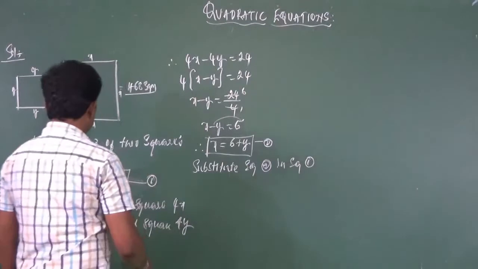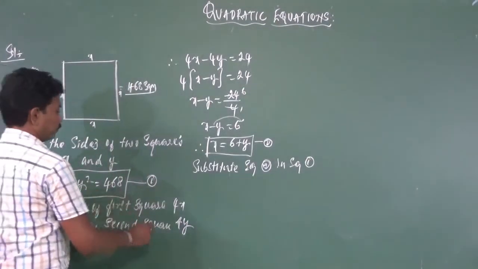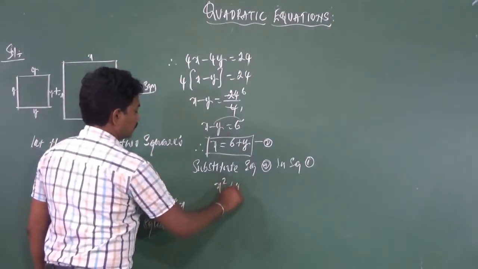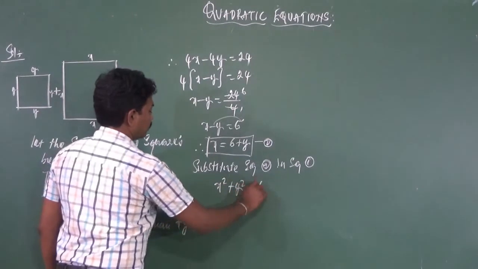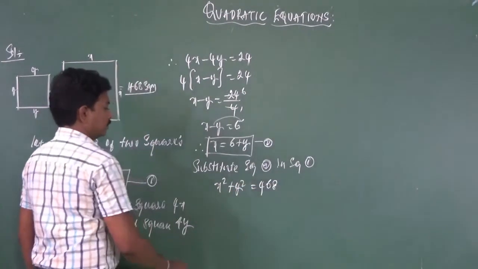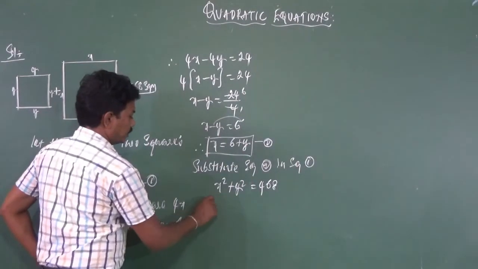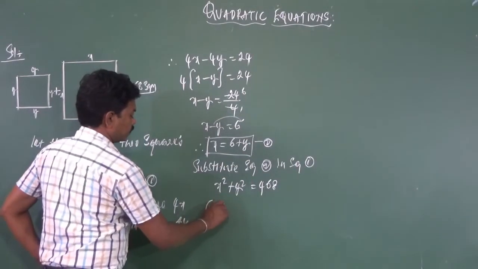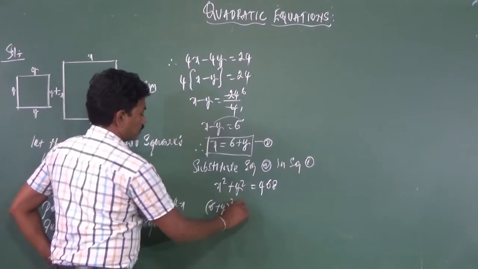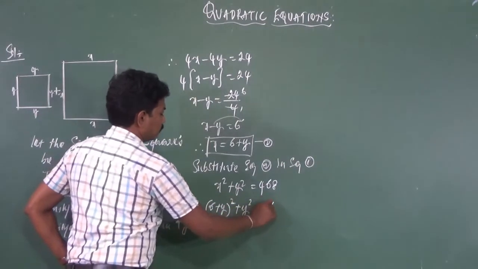Right. So this is x square plus y square is 468. So instead of x, we can substitute 6 plus y. So it becomes 6 plus y whole square plus y square is equal to 468.